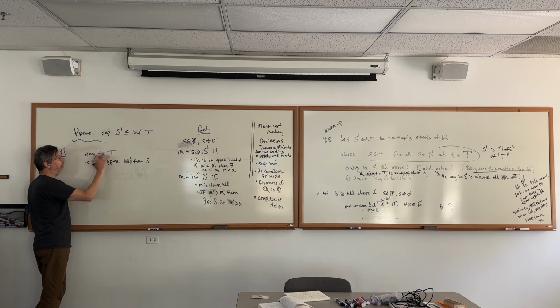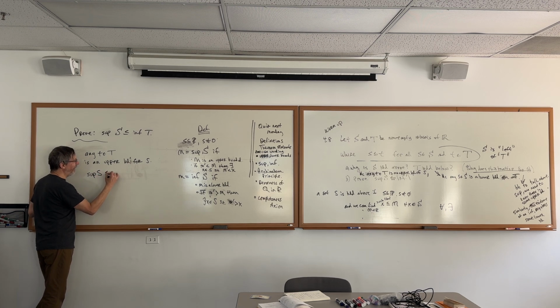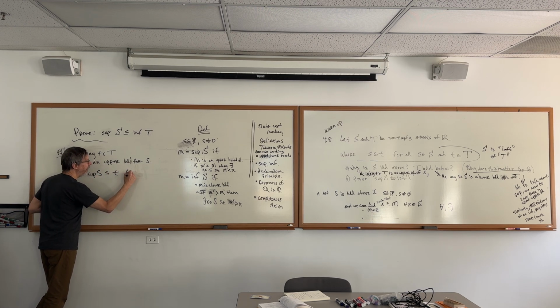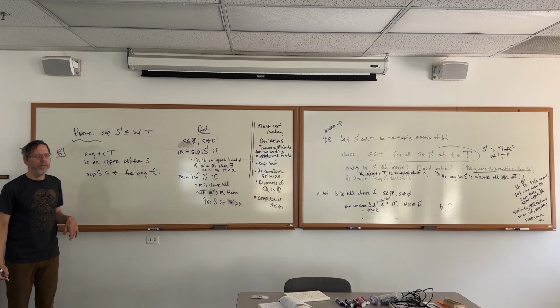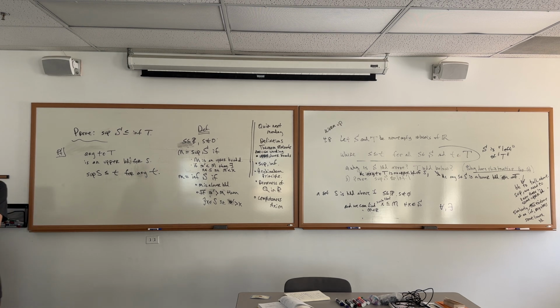This is for all t in T. So the supremum of S must be less than or equal to t for any t. Why? Looks like it, yeah, but why? What are the words?